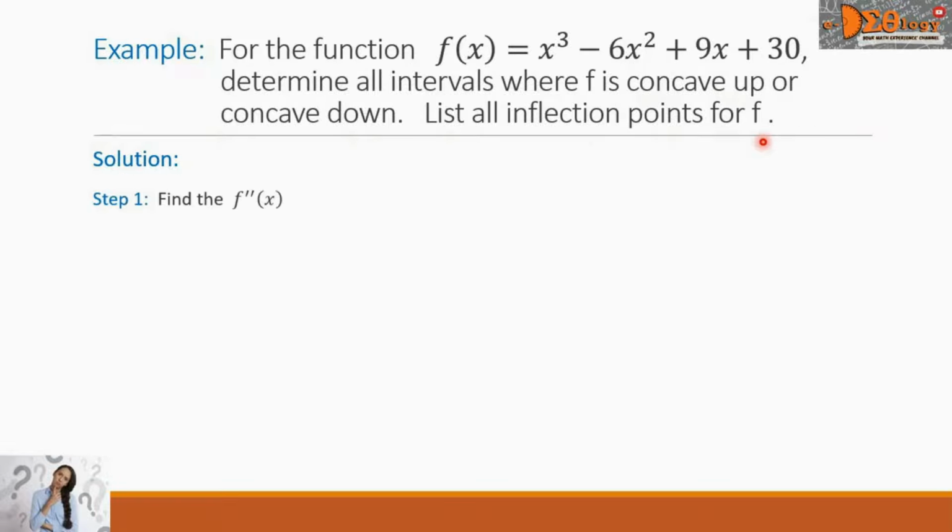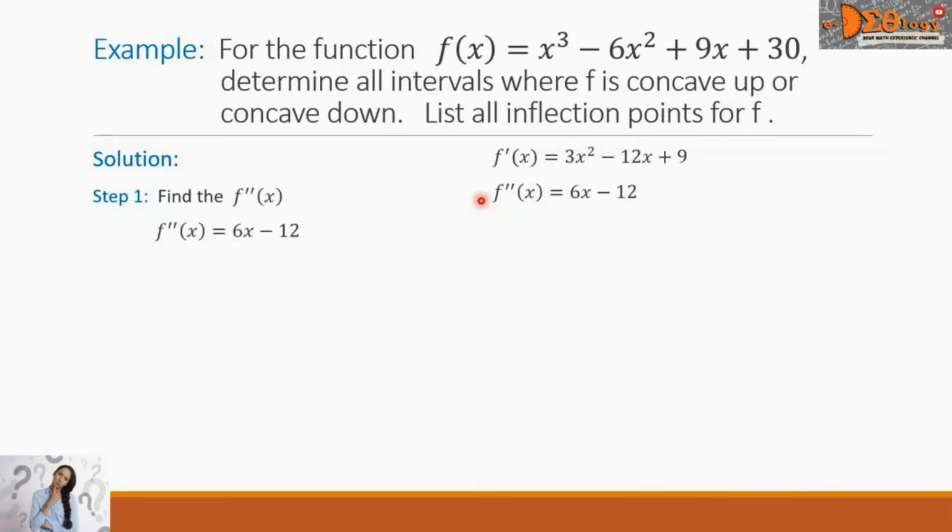For our solution, let us do step 1, that is to find the second derivative of the function. The function is here, so the first derivative will be f prime of x equals 3x squared minus 12x plus 9. Therefore, the second derivative will be 6x minus 12.